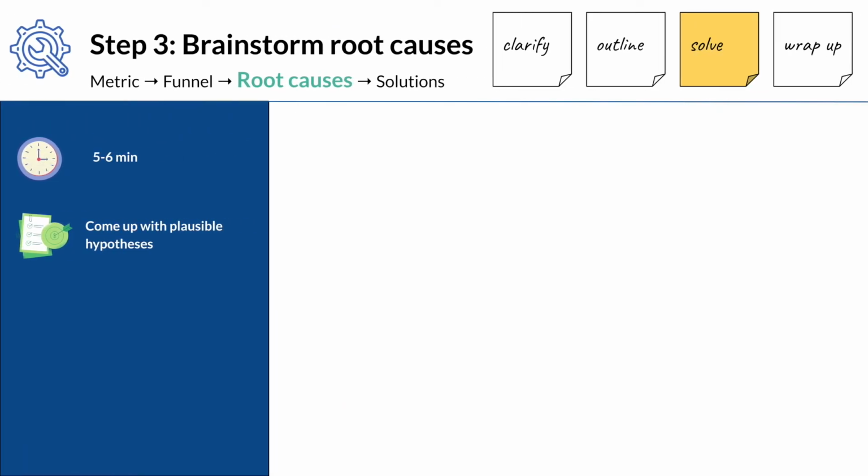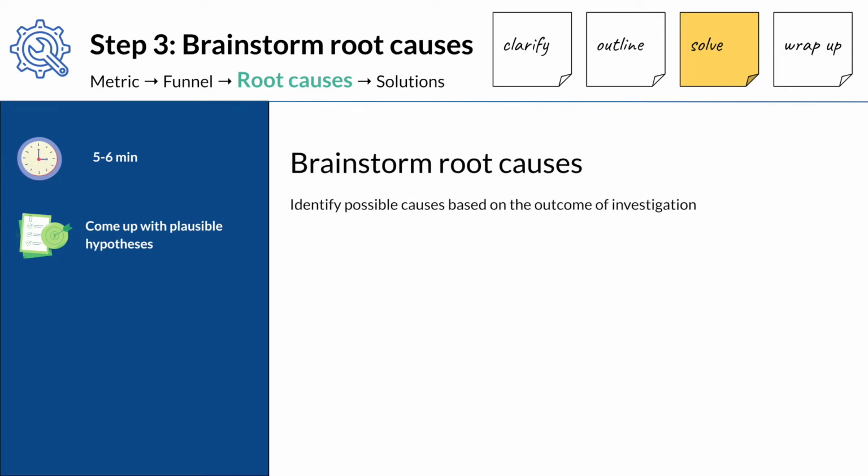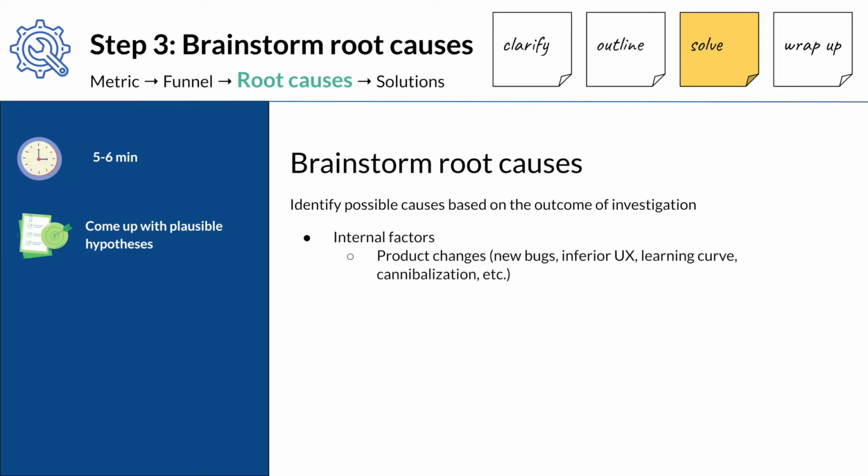So now it's time to actually come up with ideas on what could be causing the issue. A good way to do it is by breaking it down into internal and external factors. Internal factors include product changes that could have introduced new bugs or just made the product worse. Maybe there is a little bit of learning curve to get used to the new user experience, which can lead to a temporary decline in engagement, or cannibalization if there are changes to other parts of the product ecosystem with unintended consequences.